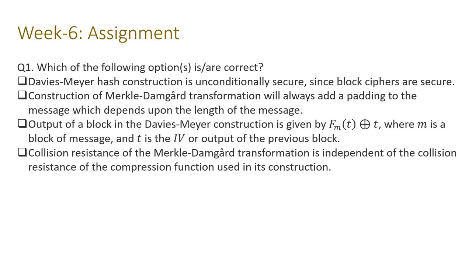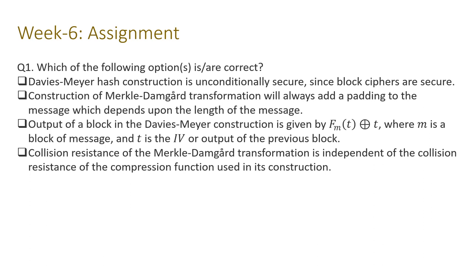So you have this initialization vector for the first block cipher evaluation. m is the message block which is acting as a key to the block cipher, and t is either the initialization vector for the first evaluation, and then onwards t is the output of the previous block.